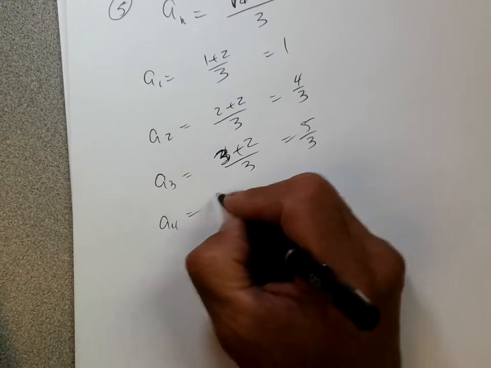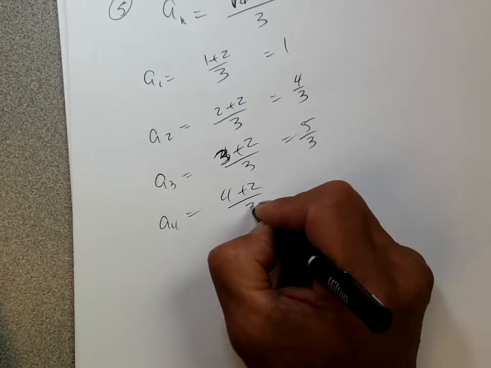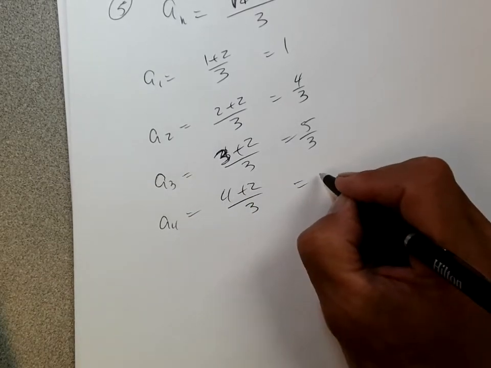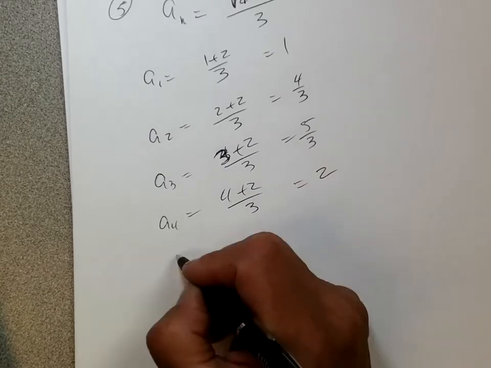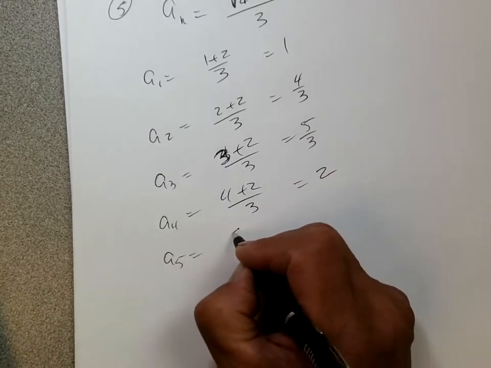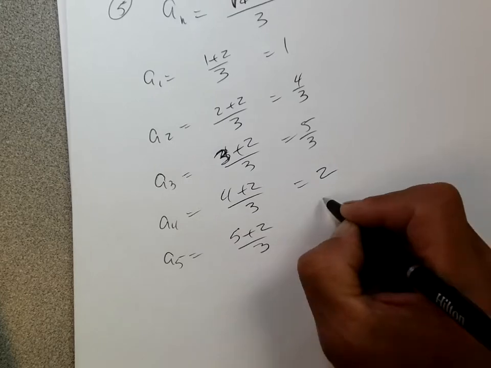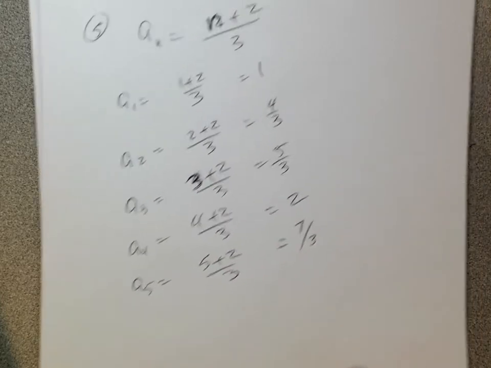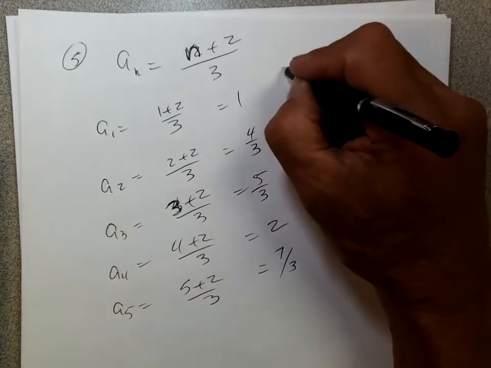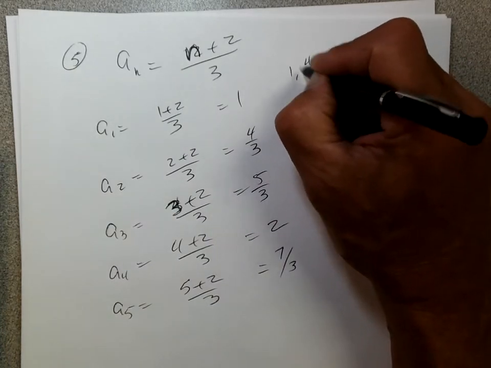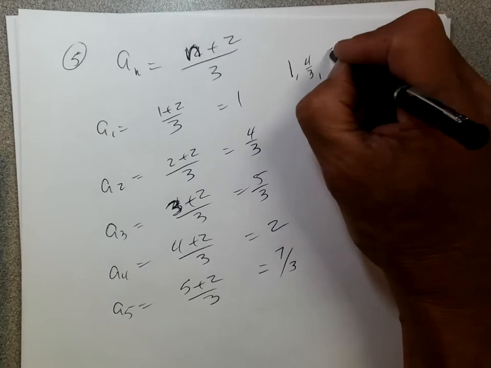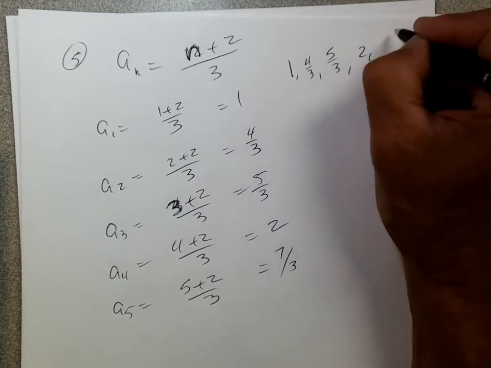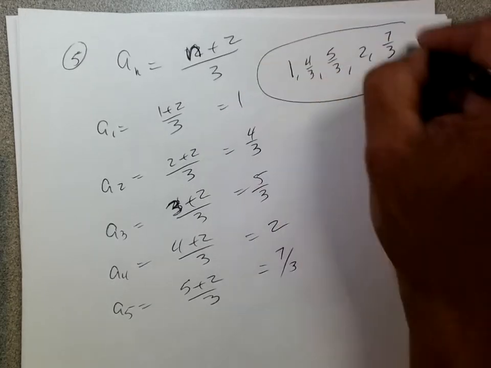A4 is 4 plus 2 over 3, which is 6 over 3, which is just plain old 2. And A5 is 5 plus 2 over 3, which is 7/3. So, there it is. I'm going to write them all out in order. I've got 1, 4/3, 5/3, 2, and 7/3.